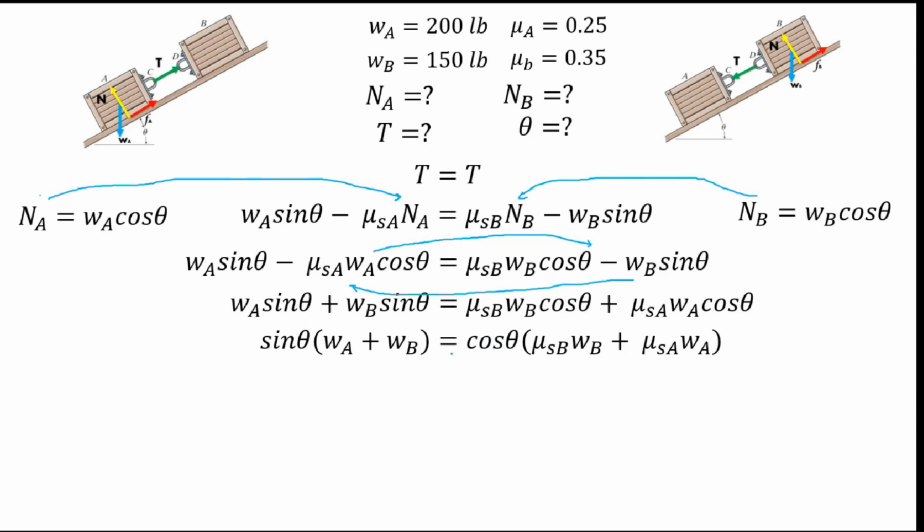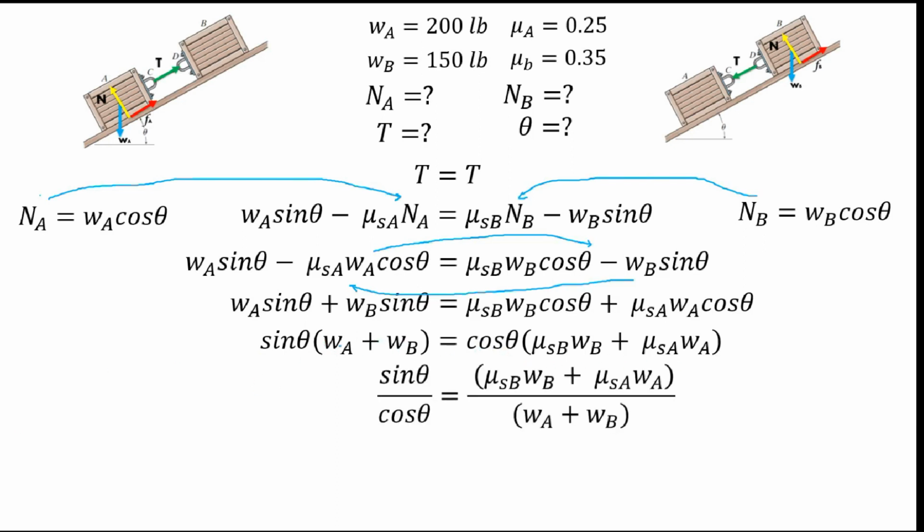So what we're going to do is cross multiply. We will place cos theta below the sine theta, and WA plus WB we will place here. So it will be sine theta over cos theta is equal to mu B WB plus mu A WA divided by WA plus WB. Now, sine theta over cos theta is also equal to tangent theta.